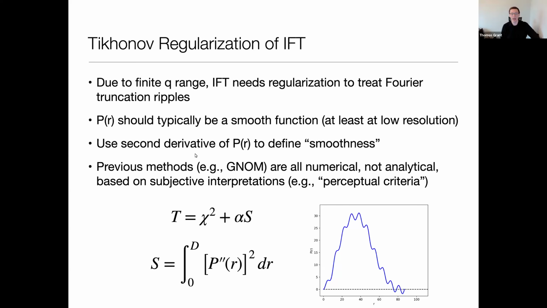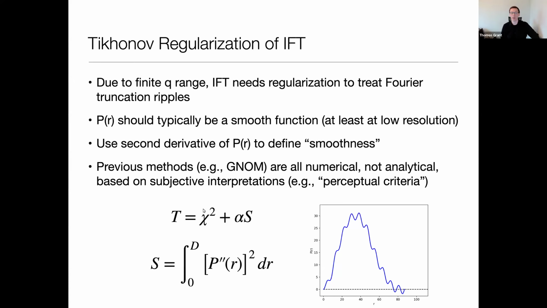So we can monitor the smoothness of the P of R curve using the second derivative. The second derivative effectively looks at the curvature of this curve and tells us how wiggly it is, right? How many oscillations are in there and the severity of those oscillations. So we define a term S, which is the integral over the second derivative squared of the P of R curve, and that tells us a number estimating how smooth the P of R curve is.